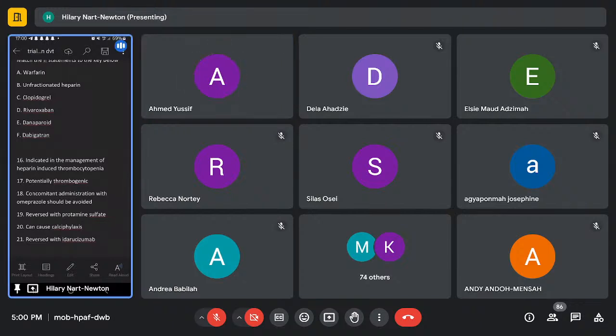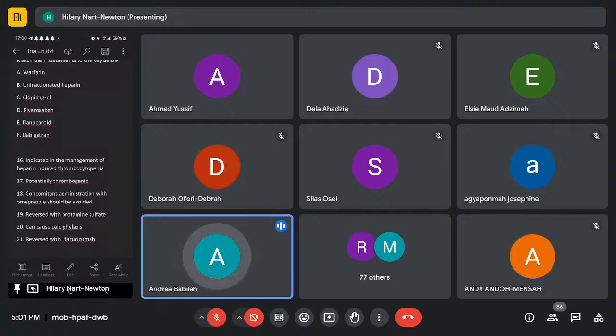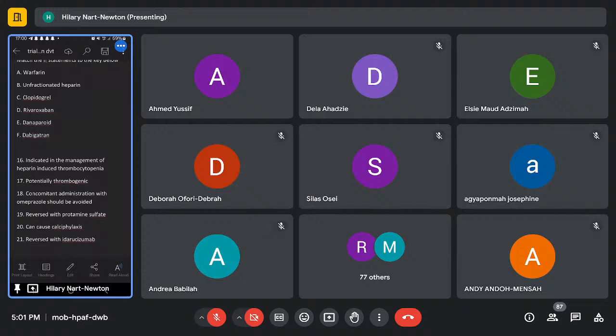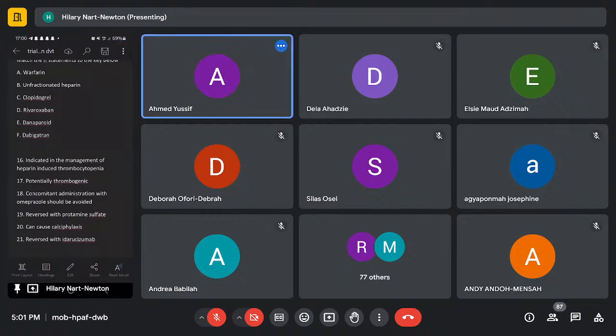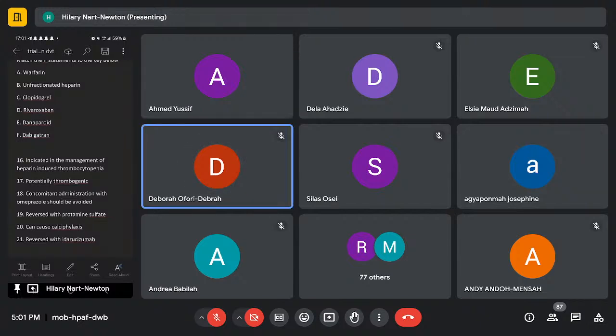Which of them? Dabigatran. Rivaroxaban. Okay, any other answer? Dabigatran. Okay, danaparoid.